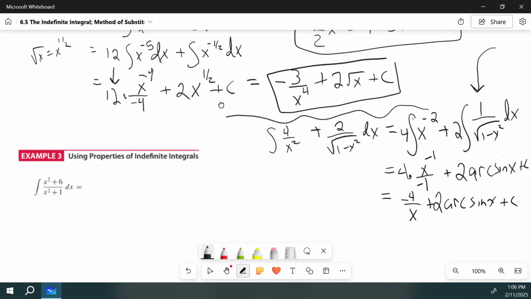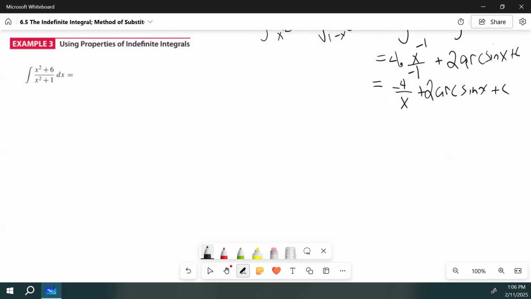Alrighty, so let's look at one more example here, and this is going to use some more of the properties. Now, notice the numerator and denominator are almost the same exact thing. This would be an improper rational expression, so we could do division of polynomials.